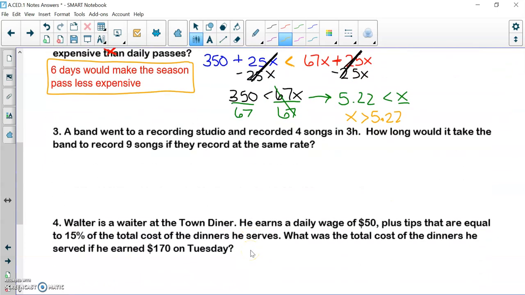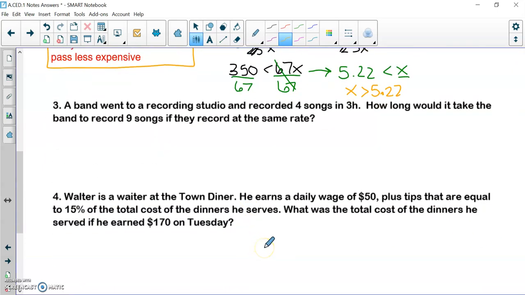All right, a band went to a recording studio and recorded 4 songs in 3 hours. So that's a rate. And rates can be set up in fraction form. So 4 songs in 3 hours. How long will it take for the band to record 9 songs if they record at the same rate?